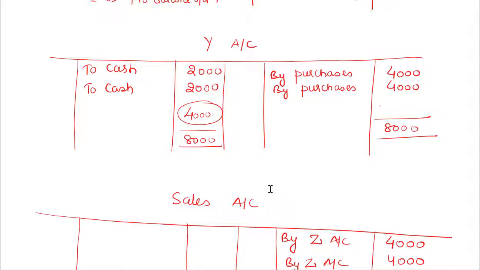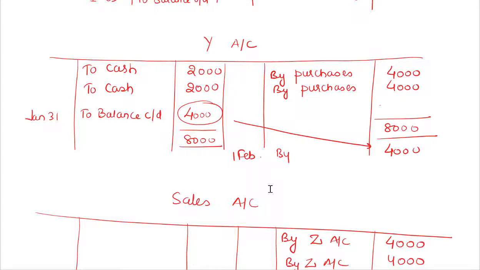We will write the closing date, that is January 31, to balance carried down 4,000. And this 4,000 will be the opening balance over here. The date would be 1st of Feb. By balance brought down, that is the opening balance of Y's capital account. I hope it is clear.